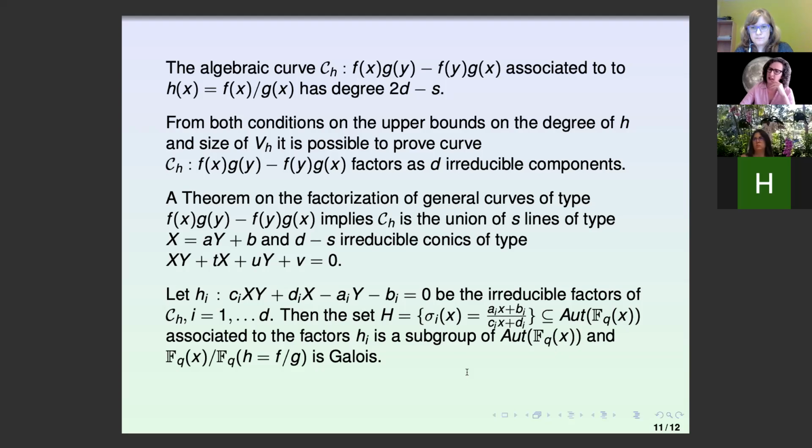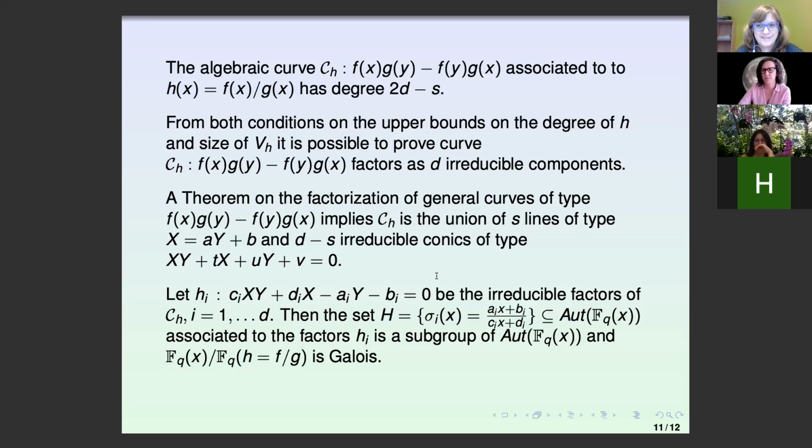And from another theorem, we can prove that actually FQ(X) over FQ(H) is Galois. This group will give you the fixed field for the function H. We know that this is going to be a Galois extension, given by the function H, where H is the function you started with. So this is the idea.